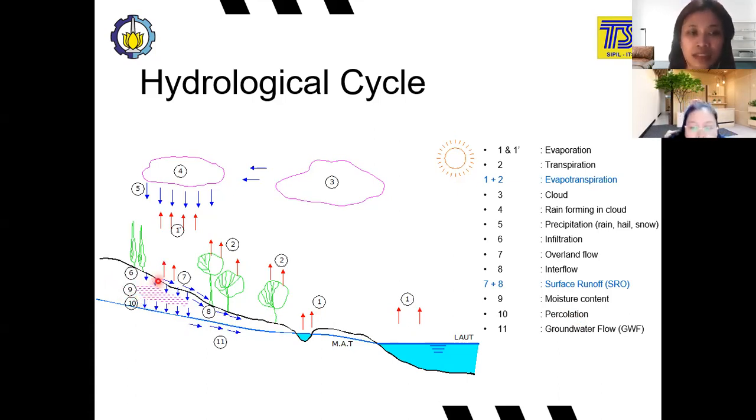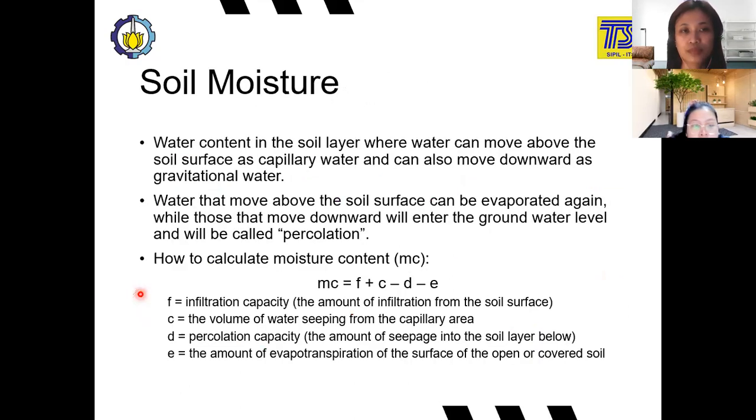After that, the water can also go deeper into the soil through the groundwater level. Here is the groundwater level, the blue line, and the water coming into the groundwater level is called percolation. So we will talk about infiltration and percolation, number 6 and number 10, and it is closely related to the soil, the ground.